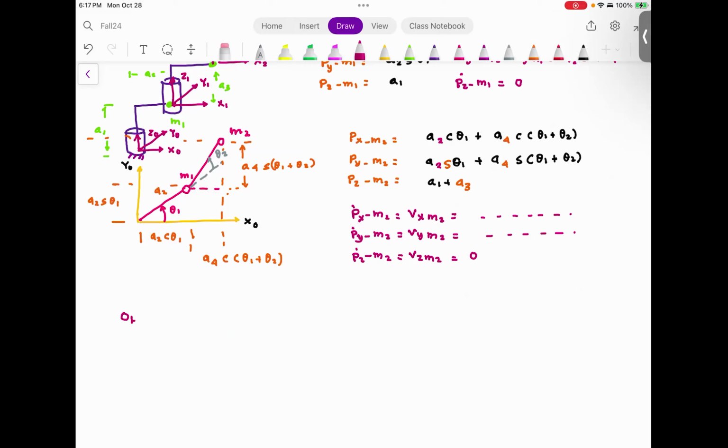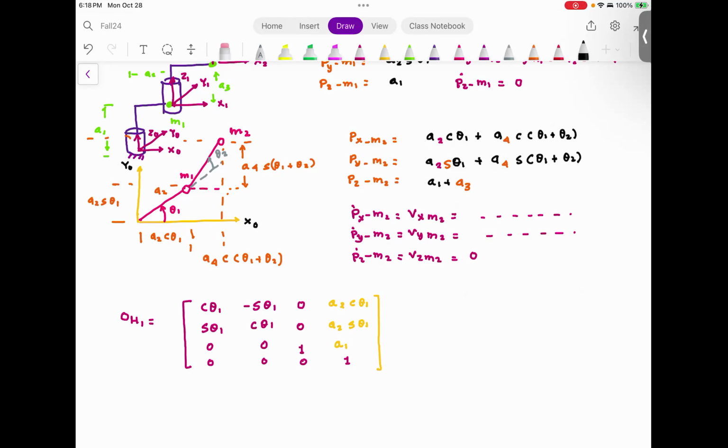So 0H1 for this guy is going to be cosine theta 1, minus sine theta 1, 0, sine theta 1, cosine theta 1, 0, 0, 0, 1. The last row becomes 0, 0, 0, 1. And you have here A2 cosine theta 1, A2 sine theta 1, and then you are going to have A1. Are you with me so far?